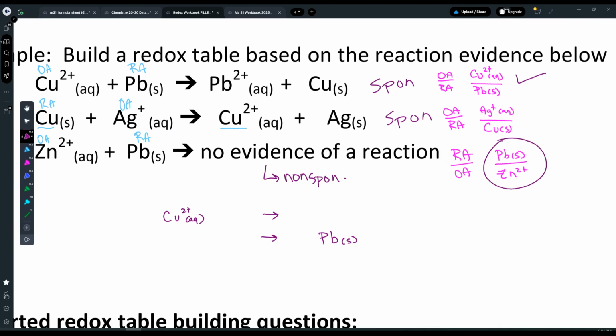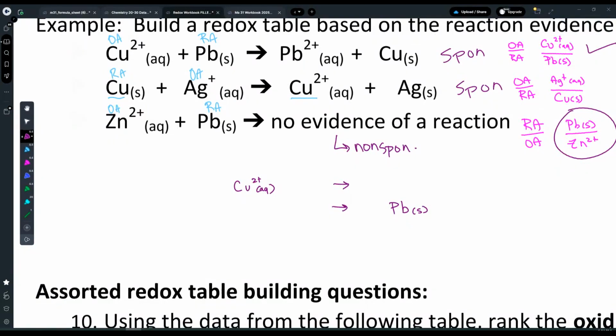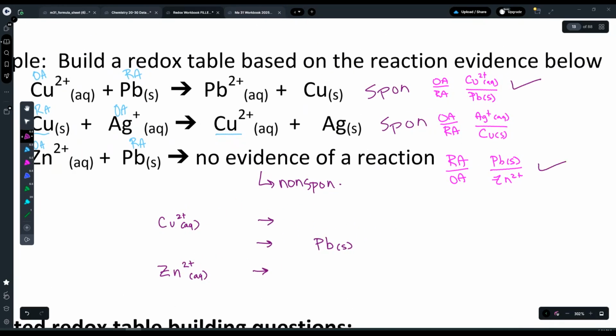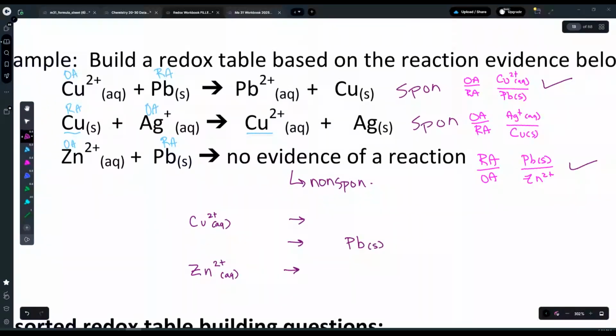I just want to skip straight to this, but I'll come back here in a minute. Lead is above zinc, so then zinc should be right here. That takes care of that. Now let's go to the middle reaction. Silver is above copper, so silver, there we go.